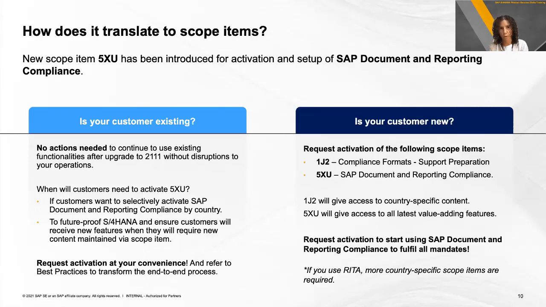So 1J2 alone for a new customer will no longer be sufficient for managing this process. Existing customers can activate 5XU at their convenience. If they have RITA, there are more scope items required, but we'll not go into the details of the RITA scope items. And with this, I'll stop.